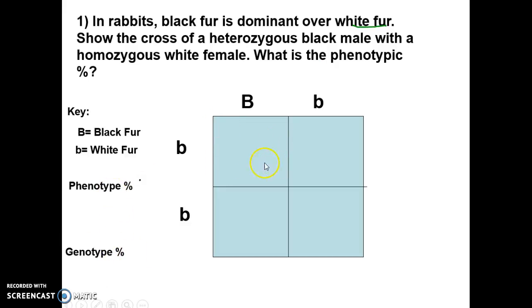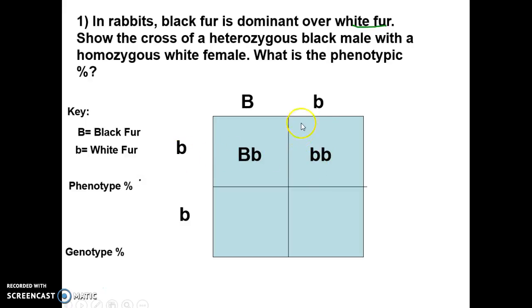In order to make the offspring, you're going to have to drop these b's in. When you drop the b's in, if there's a big B, you put the big B first, no matter what, even if the big B was over here. You put the big B first, little b second. So in this case, this would be big B, little b. You drop the b's in. This one would be little b, little b.